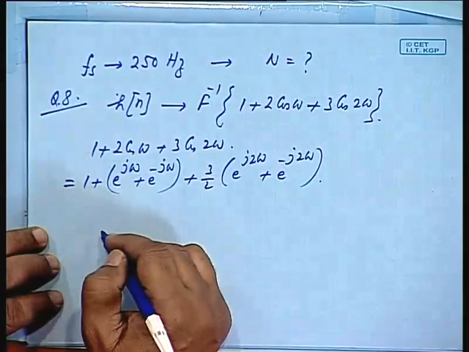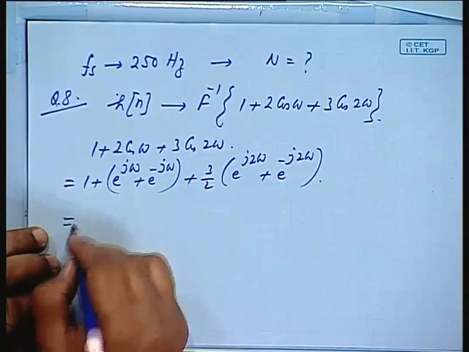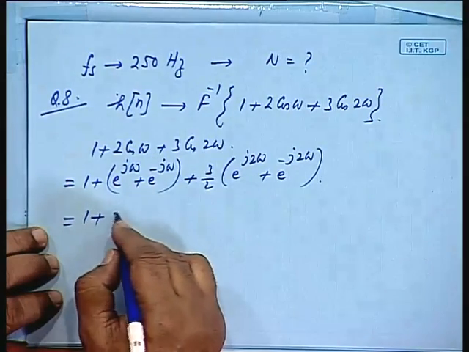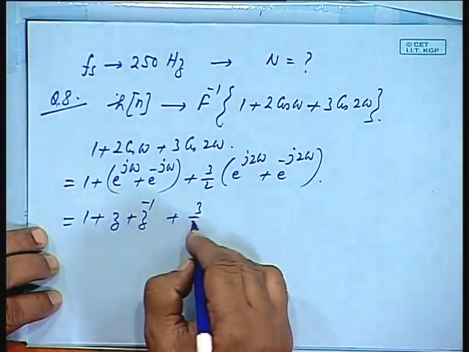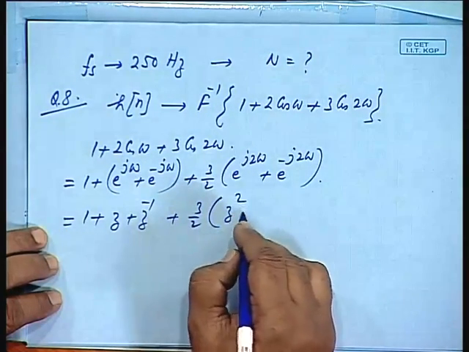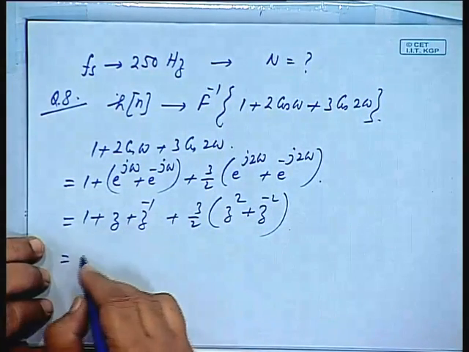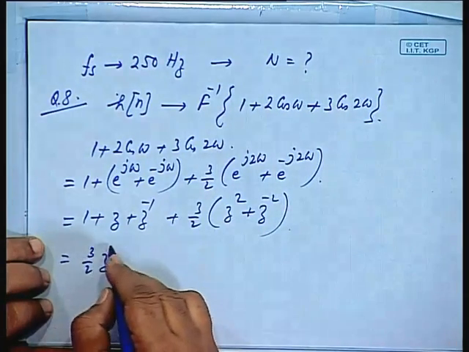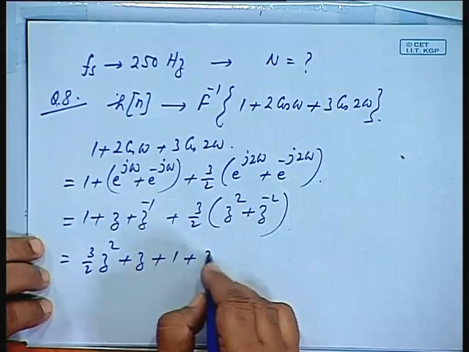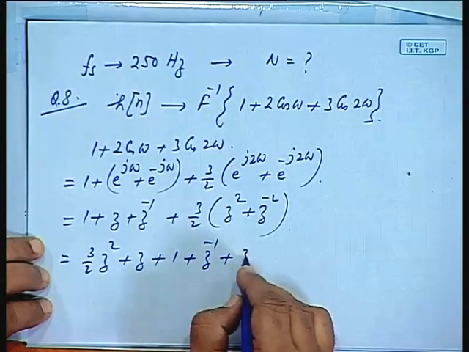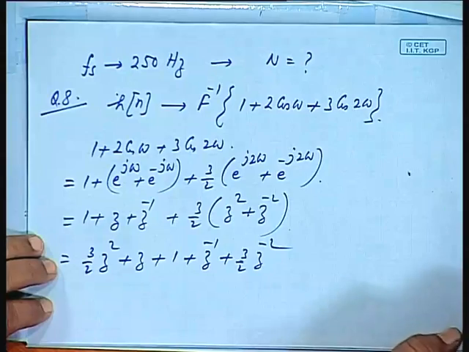For each e to the power j omega we put z, then this will be 1 plus z plus z inverse plus 3 by 2 into z squared plus z to the power minus 2. So, we get a sequence 3 by 2 z to the power 2 plus z plus 1 plus z to the power minus 1 plus 3 by 2 z to the power minus 2. In the descending order of z I have written this.